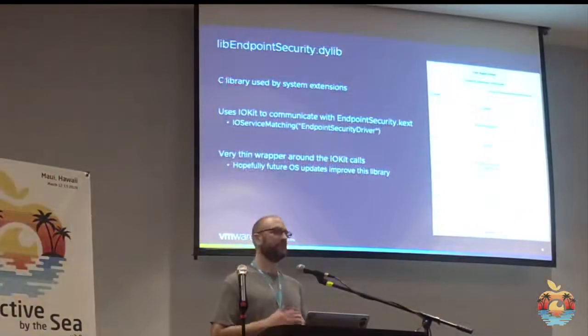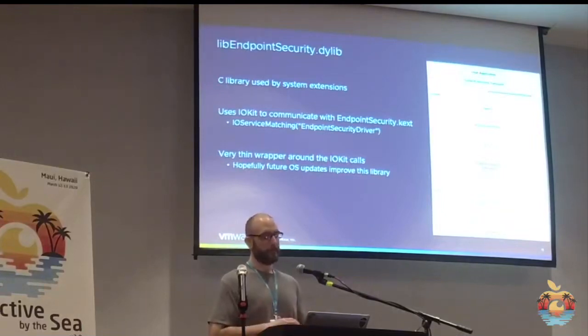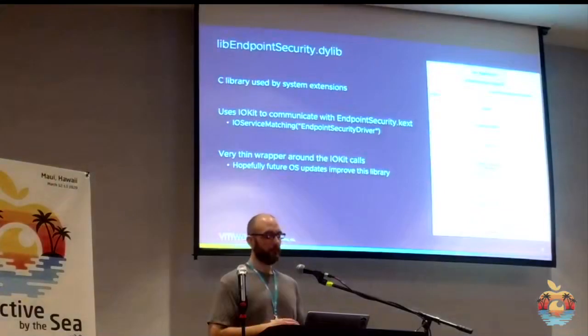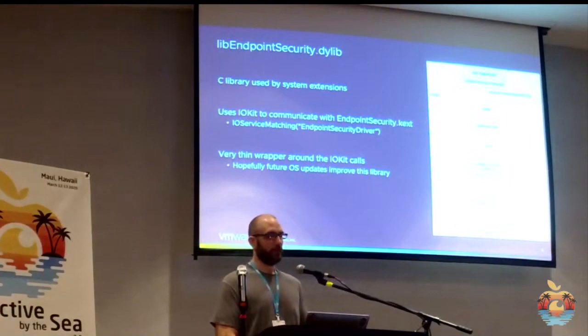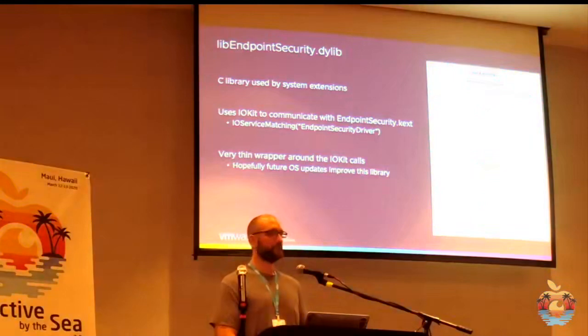So moving up this stack, out of kernel space now, the next thing we get to after the kernel extension is really your system extension itself. This is what is doing the communication with the kernel extension. And there's a new library called libendpointsecurity.lib. It is a C library that you use in your system extension, which presents some challenges at times because it's not very high level.